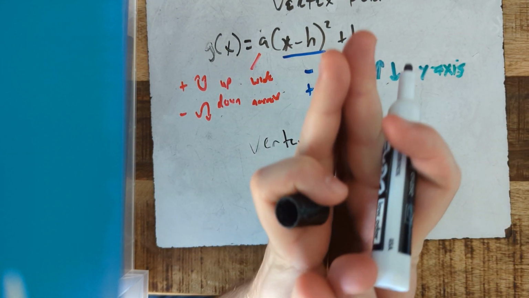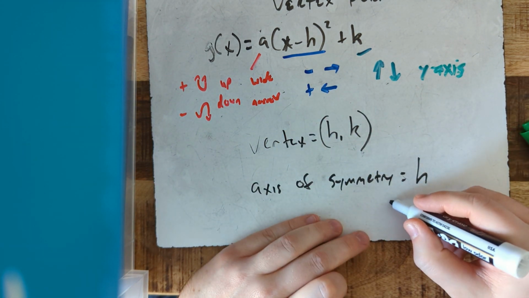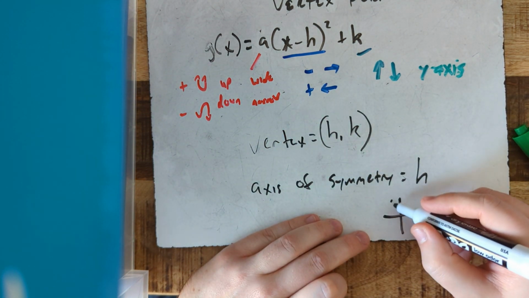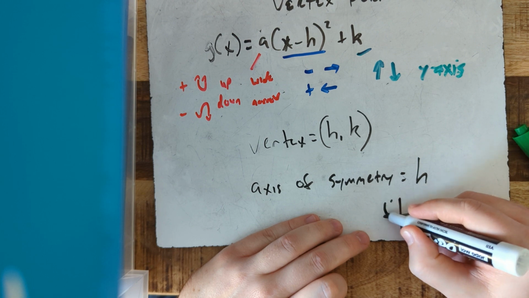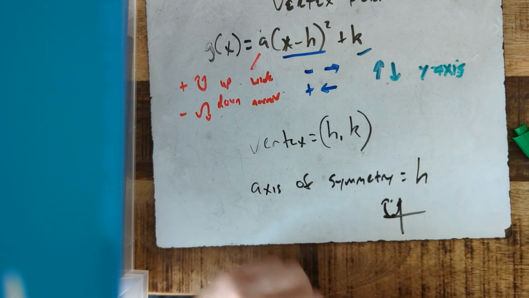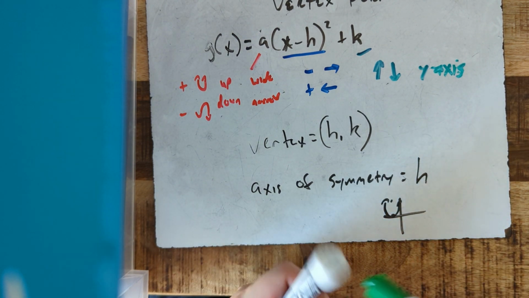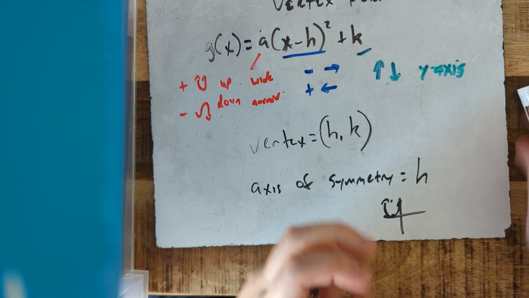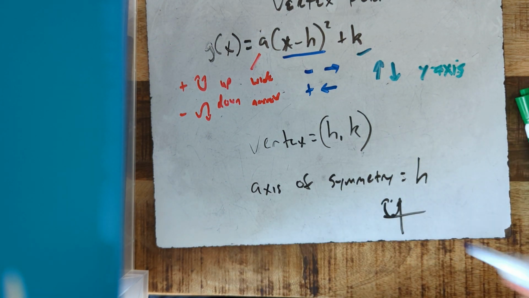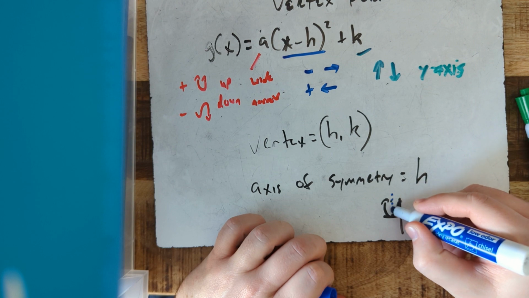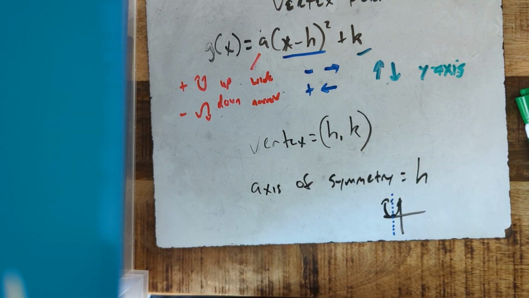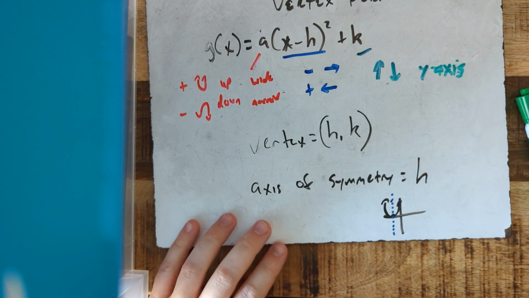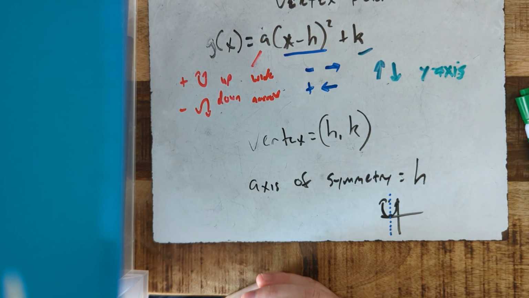Just to reiterate, it's where our parabola gets cut in half. In this case, our axis of symmetry would be right in the middle of the graph like that, okay? So that's our basic form for vertex form. Up next, we will do standard form.